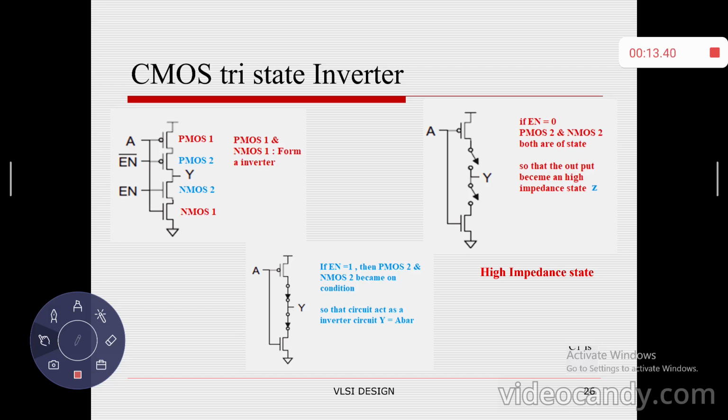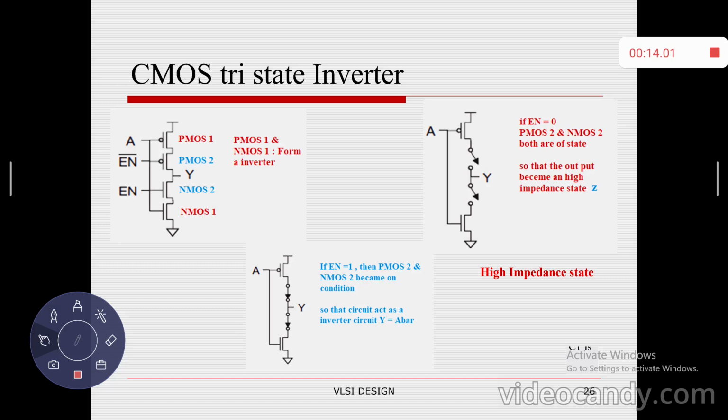Speaking simply, as per the logic in a CMOS inverter circuit, at an instant of time either PMOS is connected or NMOS is connected. At an instant of time, if both transistors are off, the condition is called high impedance. This is what is indicated in the second graphical representation.